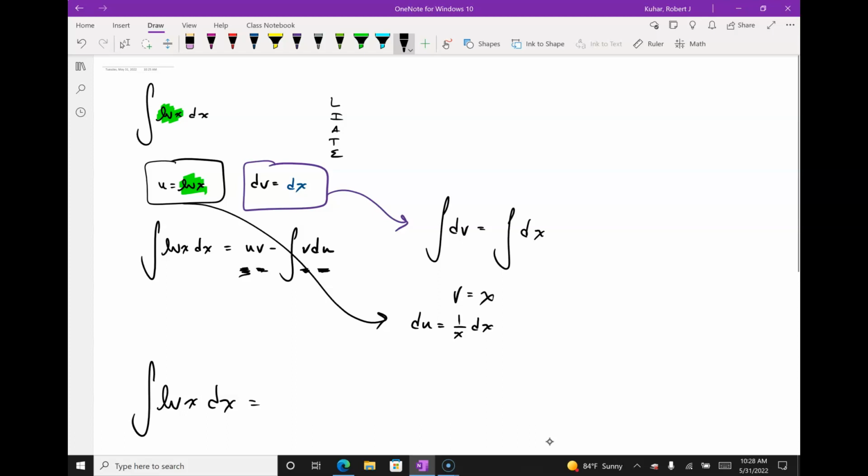I've got my u, that's ln of x. I've got my v, that's x. I like to rearrange them as I'm writing them to have them make sense. Minus the integral of v du, so that's x times 1 over x dx. Simple.